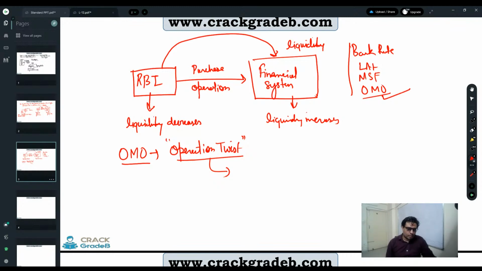How many of you have heard about this term, operation twist? Okay, no issues. Even nobody has heard about this thing. This is why you are here, not to understand. No issues. So, operation twist, right?